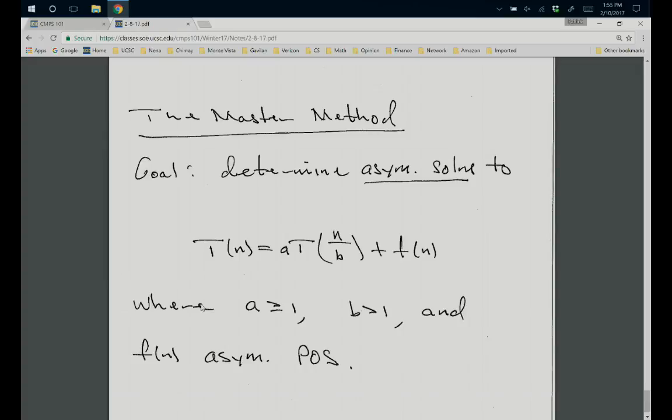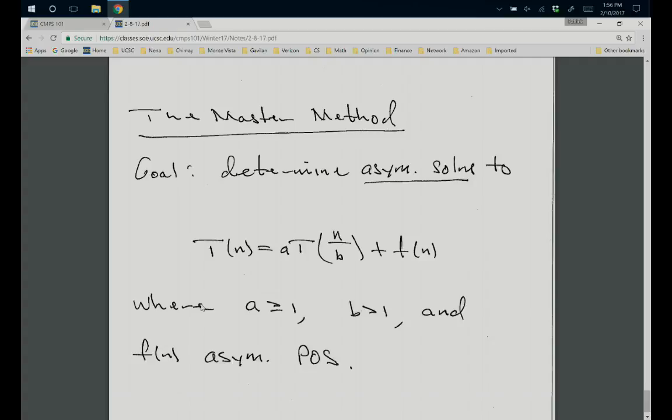Therefore, n is equal to big O of n, right, n to the 1. Every function is big O of itself. Never forget that. But 1 is this number. So this is big O of n to the power log 4 of 5 minus epsilon.